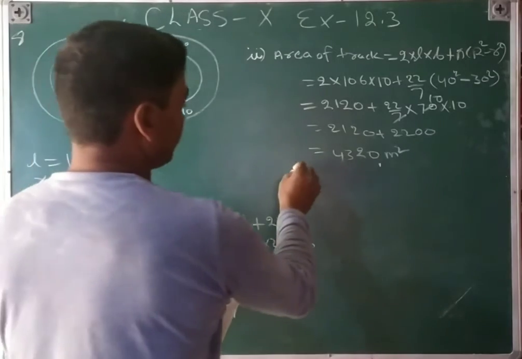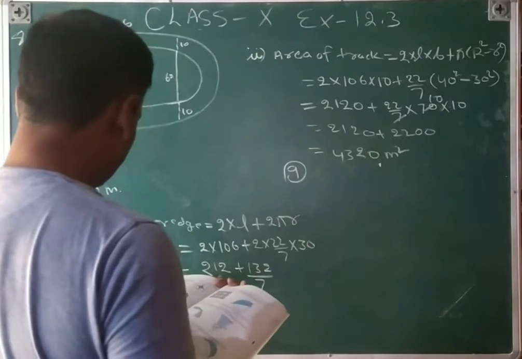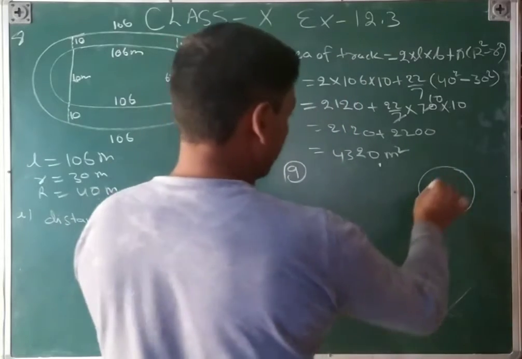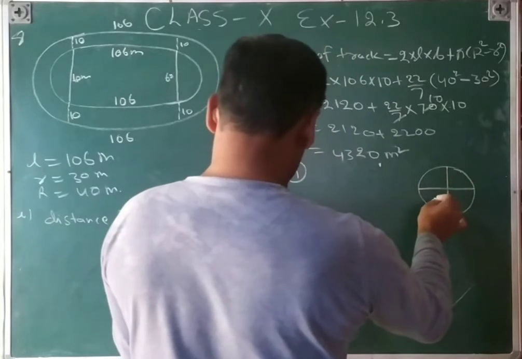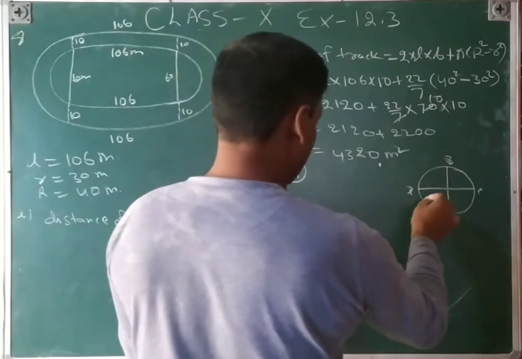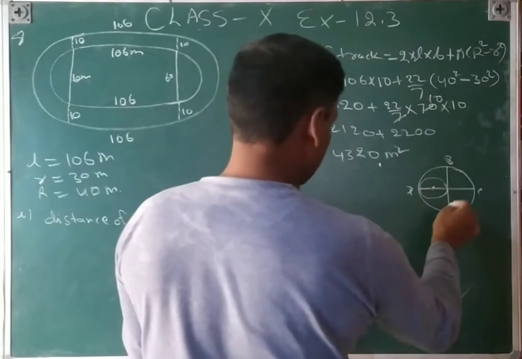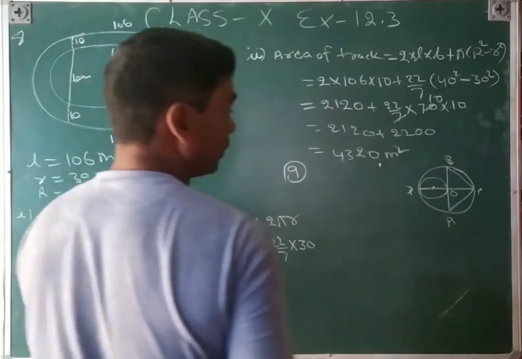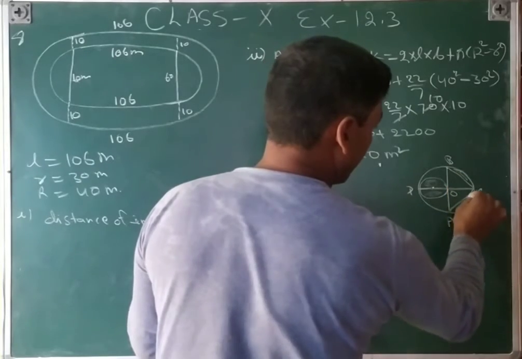Now the question number 9 is there, a diagram is given. See the diagram. One is a large circle with points A, B, C, D, and then one more circle from this point O. So we need to find the area of the shaded part.